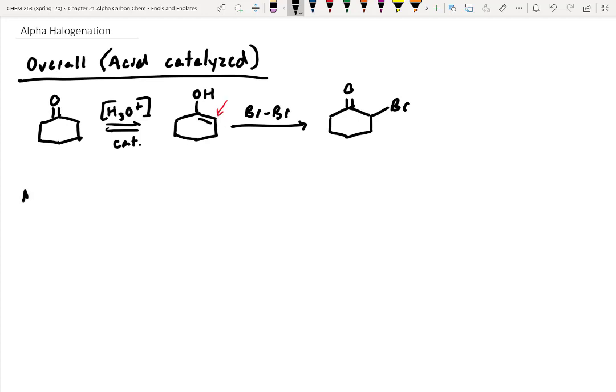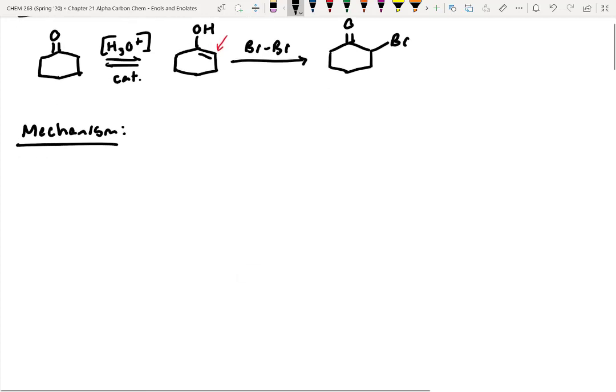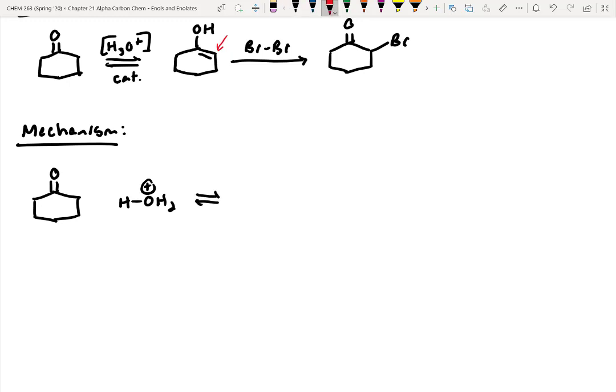So let's take a look at this mechanism in a bit more detail. The mechanism should be pretty familiar. So let's briefly review how to make our enol using our acid. I'm going to show this as H3O+, and let's actually show this proton. Our first step is going to be protonation of this carbonyl.